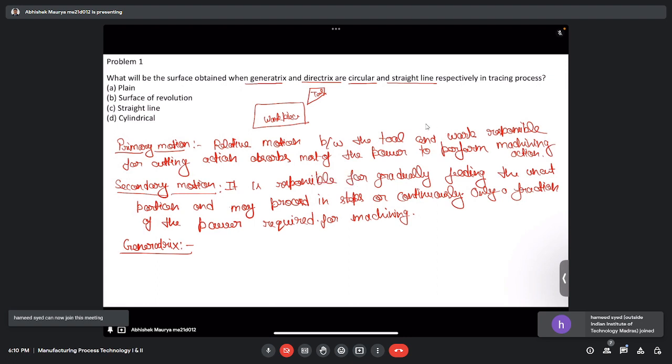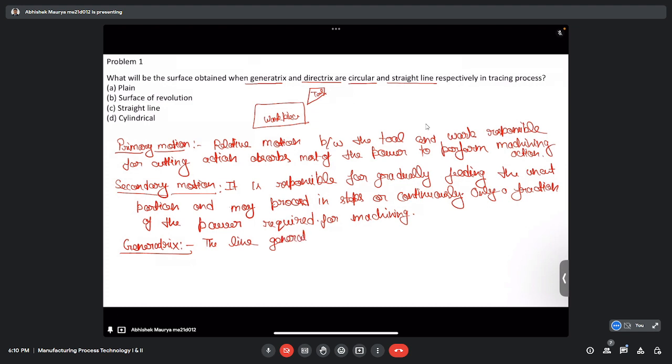It is associated with the primary motion. It is the line generated by the primary motion or cutting motion.